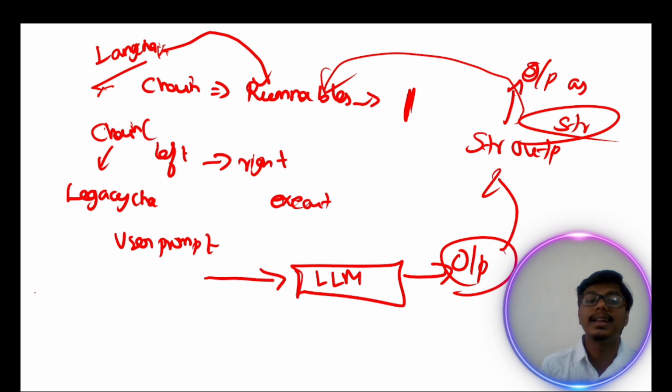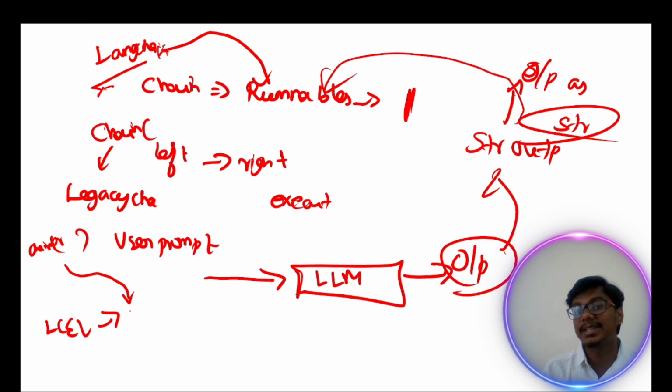But LCEL is the latest developed by LangChain, so we don't have the difficulty of legacy LangChain. Later LangChain was developed as the LangChain Expression Language. In LCEL, you don't want to write the chain like that. In legacy LangChain, if I want to create a chain of requests, we have to do it that way, but we don't need to in LCEL.